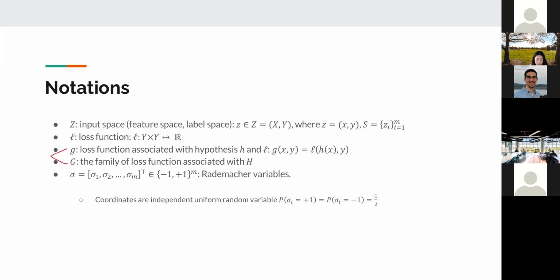So each of the sigma i is just taking values from -1 or 1 with the same probability, one half. Okay? So coordinates are independent uniform random variables. So far, so good. I don't see any questions, so I assume that we're good.